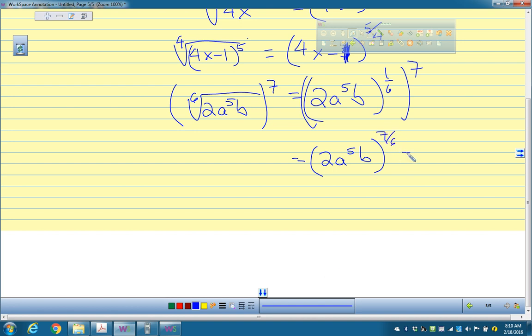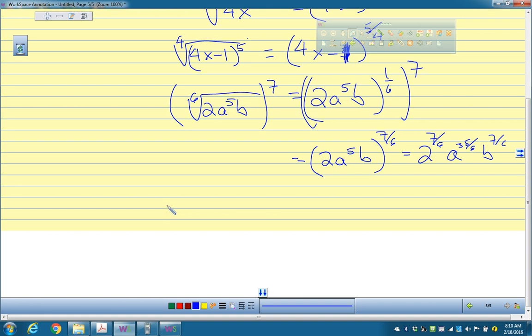Then you have to raise everything inside of here to the 7/6 power, which is 2 to the 7/6, a to the how many 6ths? 5 times 7, you multiply. 5 times 7 is 35 over 6. And b raised to the 7/6. So that's a pretty complex one.